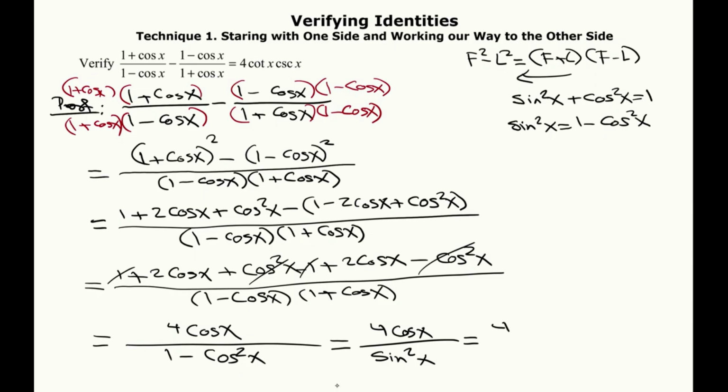We're going to write it as 4 cosine x over sine x times 1 over sine x. Verify for yourself that these are the same thing, and notice we get 4 cotangent x cosecant x, which is exactly what we were trying to verify. And we are basically done.